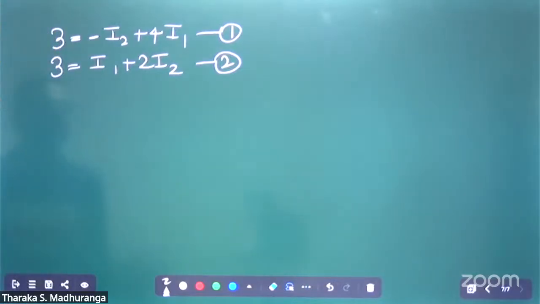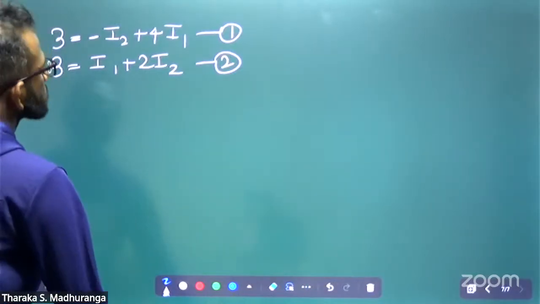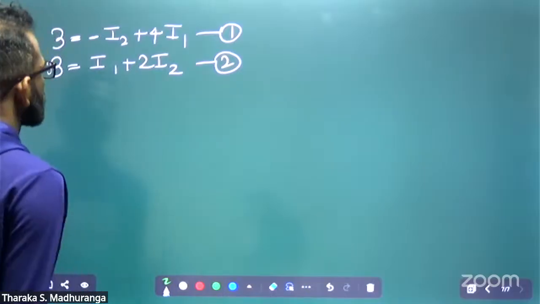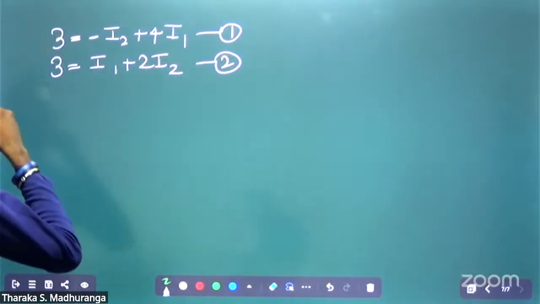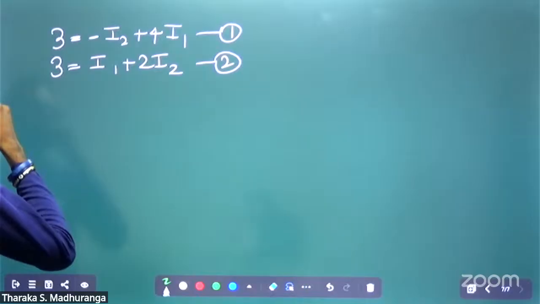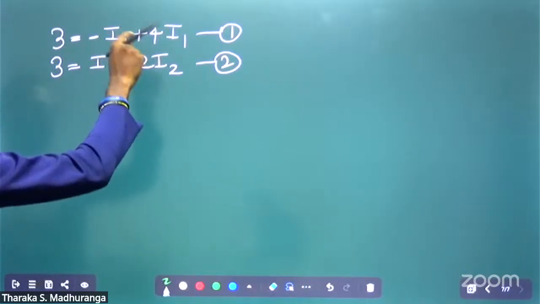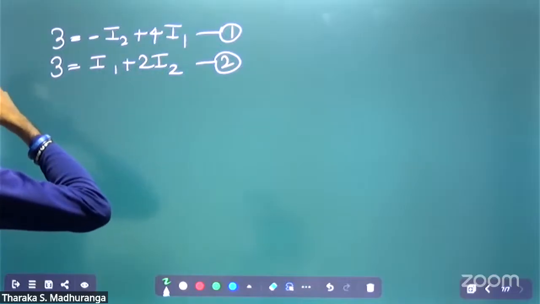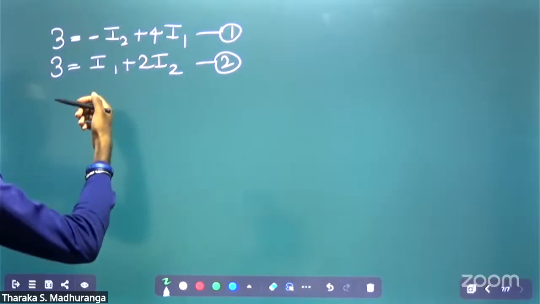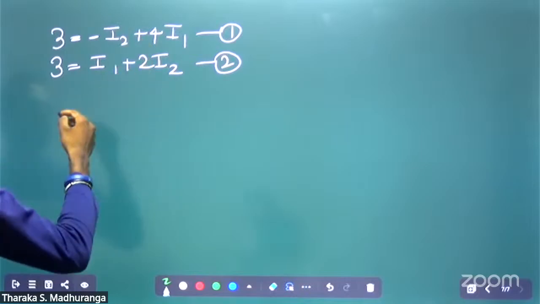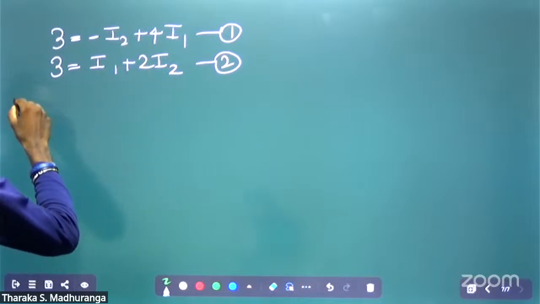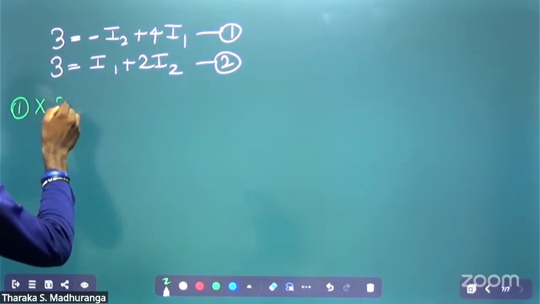First, you need to make a coefficient equal. Which coefficient is easy to equalize? I2 and I2, and I1, right? Sorry, the I2 coefficient you can equalize easily. First equation I am going to multiply by 2.